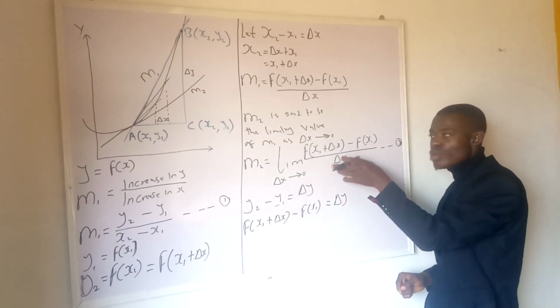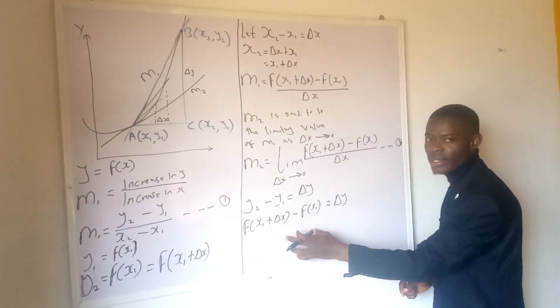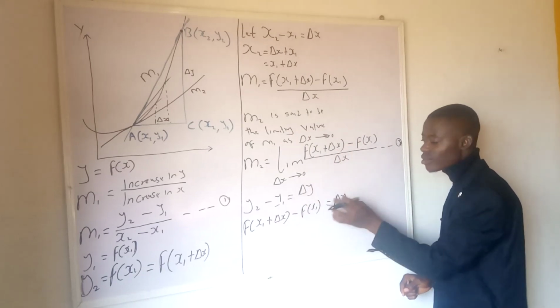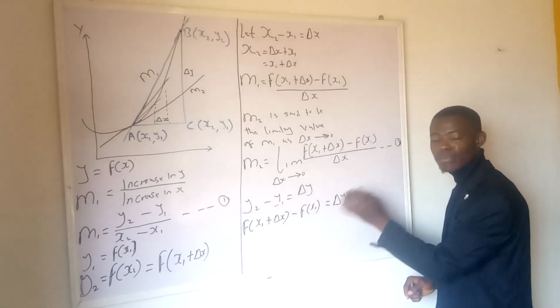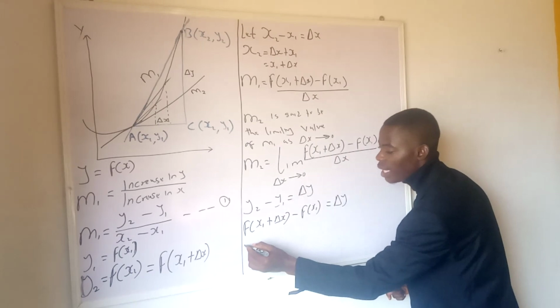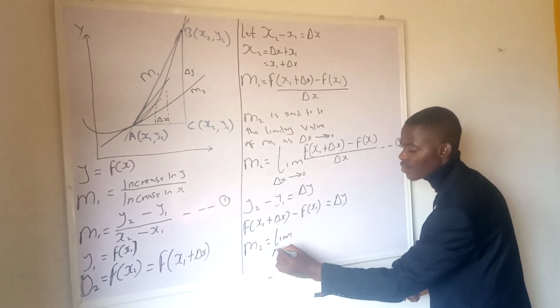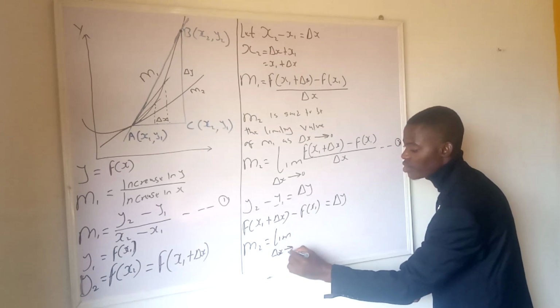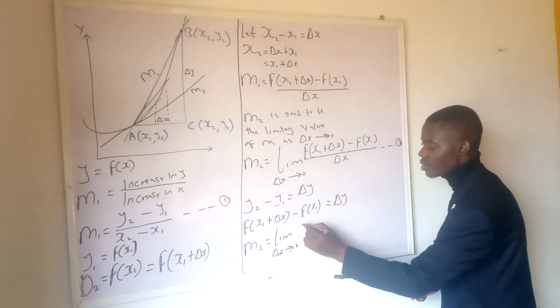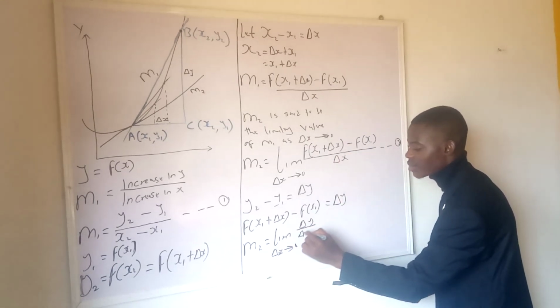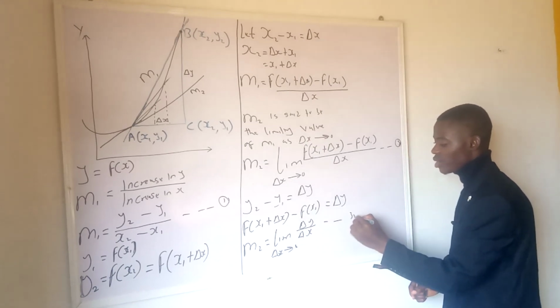But in equation 2, I have something similar to that. So I will just switch this, flip it, or get rid of it and replace it with this. Which implies that M2 equals the limit as delta x approaches 0, now instead of this, I'm putting this, delta y over delta x. Let this be equation 3.